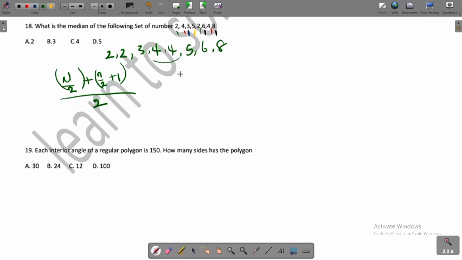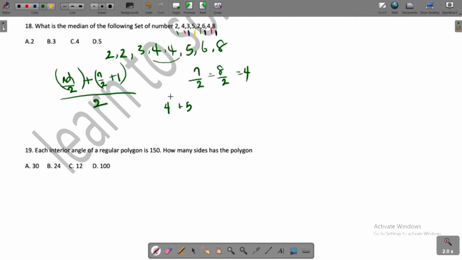The n is the total number of items you are given. So our n divided by 2 is 8 divided by 2, which is equal to 4. So we come back and use this formula. We have 4, and 4 plus 1 is 5.